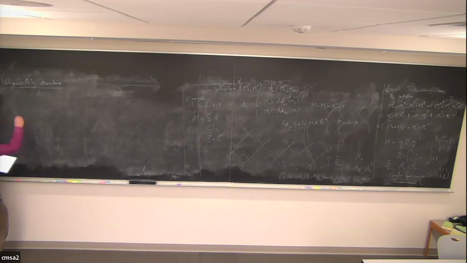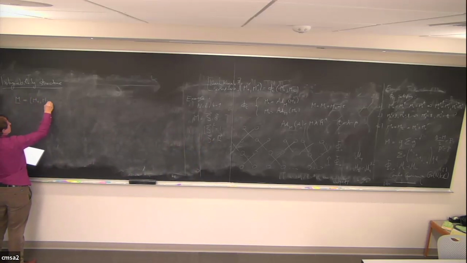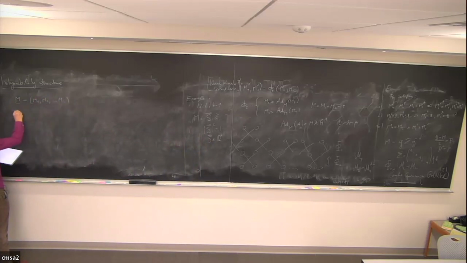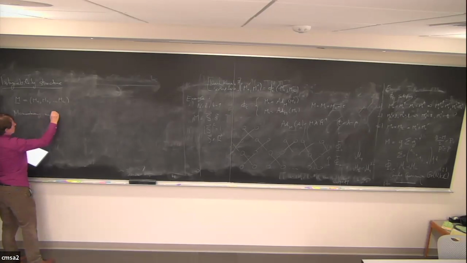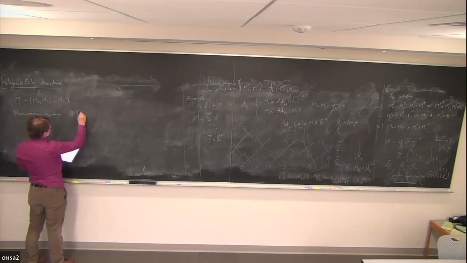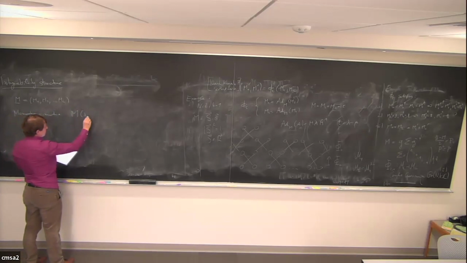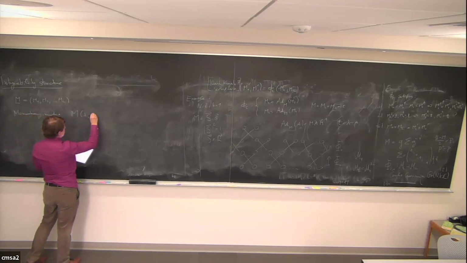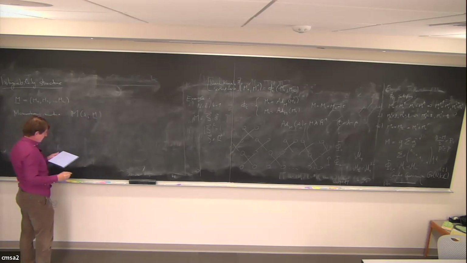So now let's define a dynamical variable, which is the collection of matrices. And now let's define a monodromy matrix, with some spectral parameter lambda and the collection of physical variables.